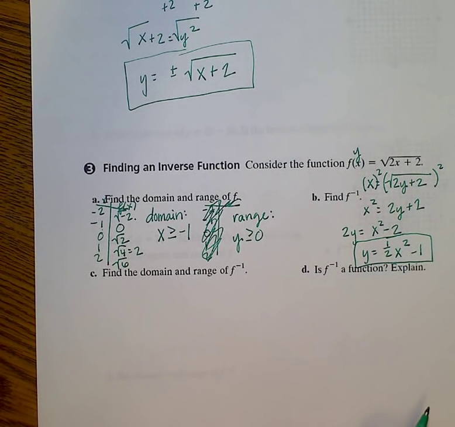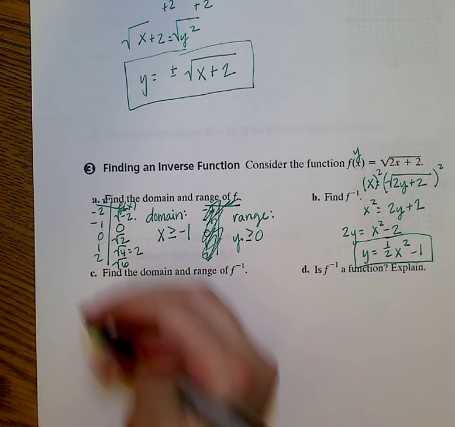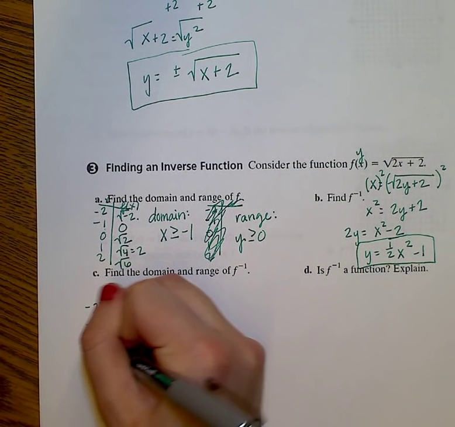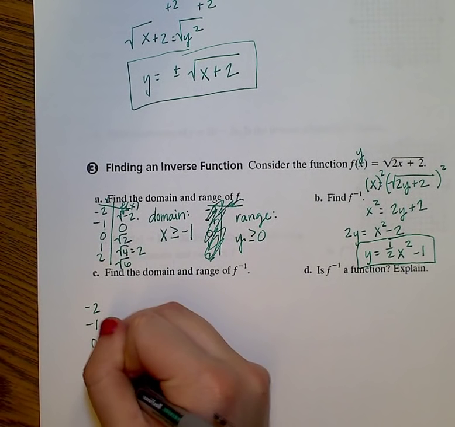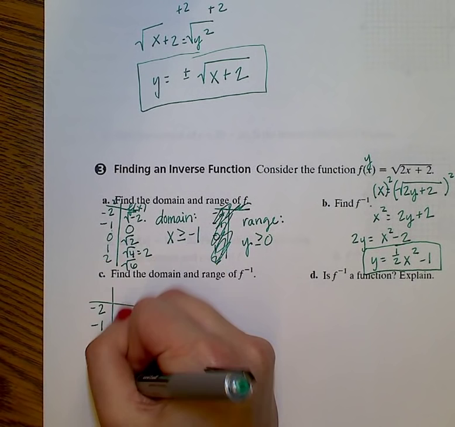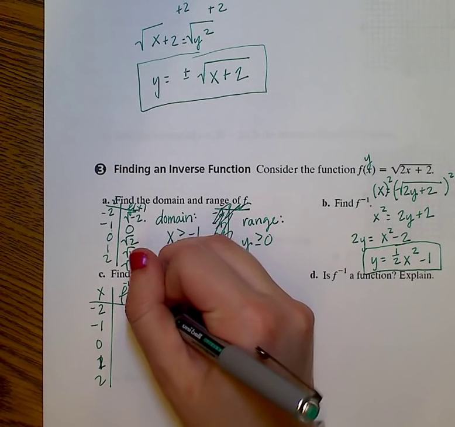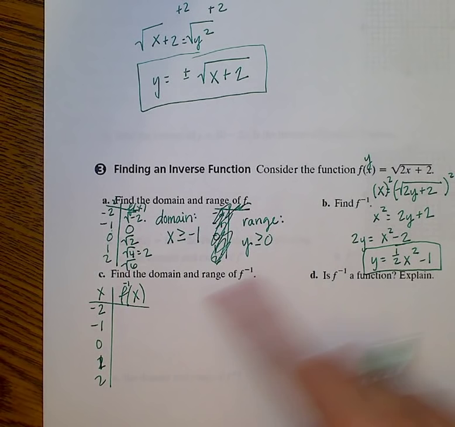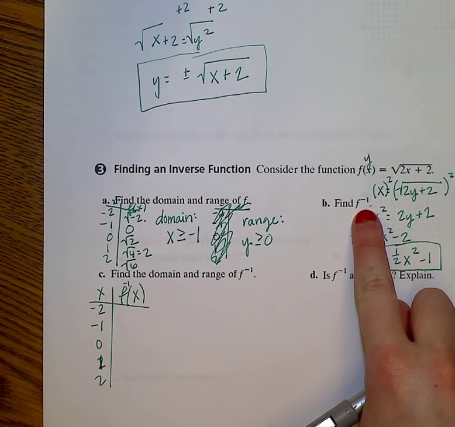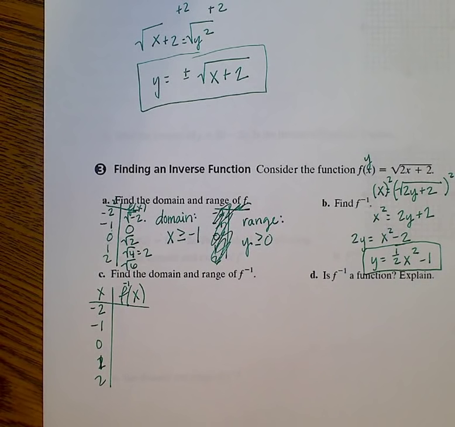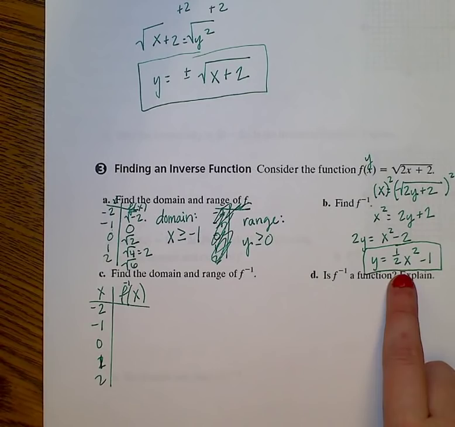So if we look at the domain and range of our inverse function, let's just make our little table to see what we notice. Okay, so now we're going to use this inverse function. If I plug in -2, then I get y equals 1/2 times 4, so that'll be 2 minus 1 is 1.